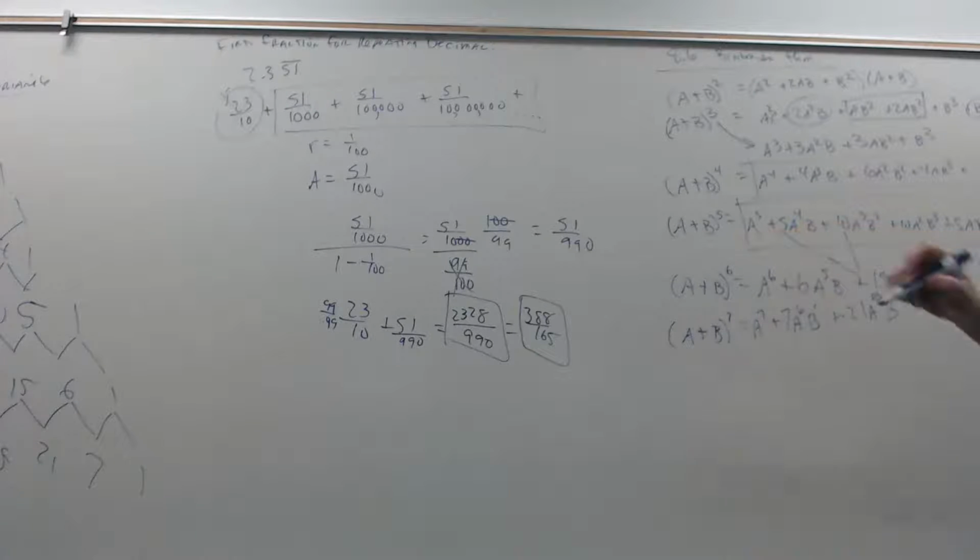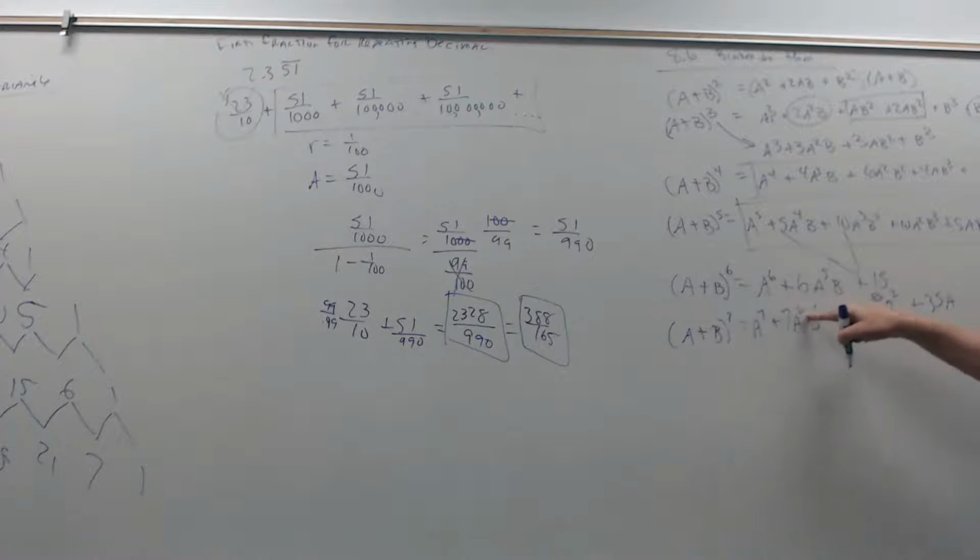Plus, the next number is 35. A to the 4th, B to the 3rd. Plus 35, A to the 3rd, B to the 4th.